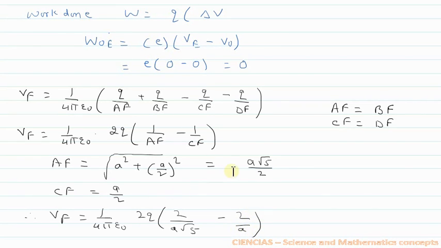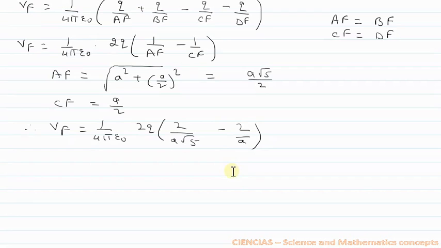On solving this, we get potential at F is equal to q upon pi epsilon 0 a times (1 upon root 5 minus 1).